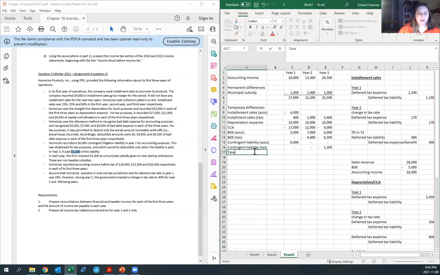So now we can find our taxable income for the 3 years. It's going to be starting from your accounting income, plus or minus your permanent differences. You're going to add all of these together, and that gives you your taxable income.